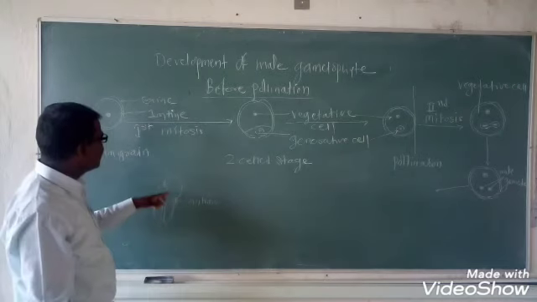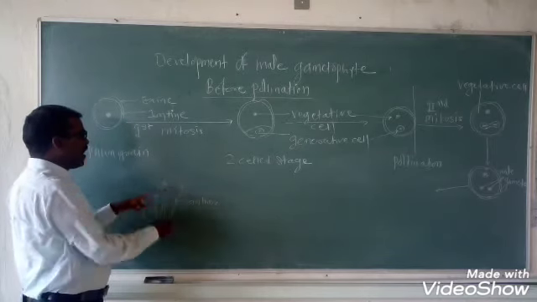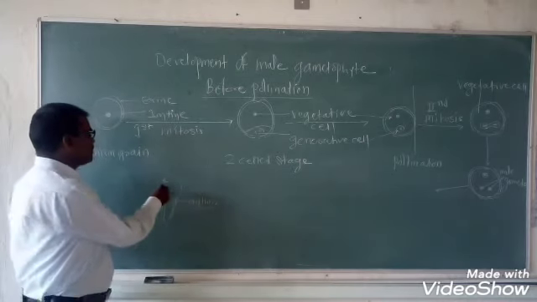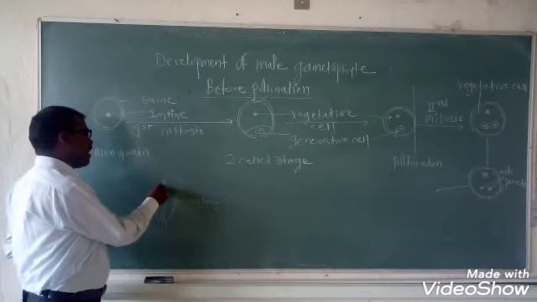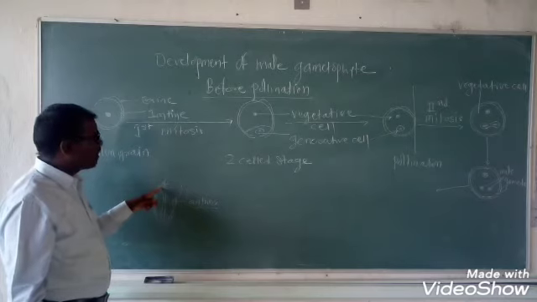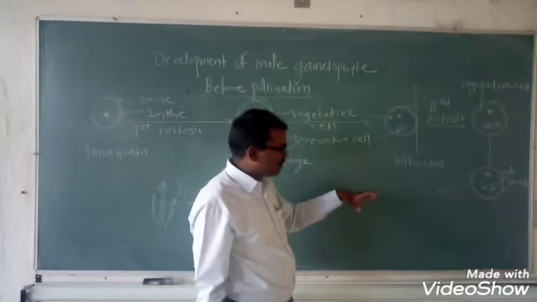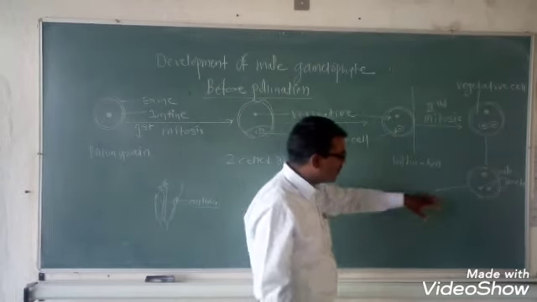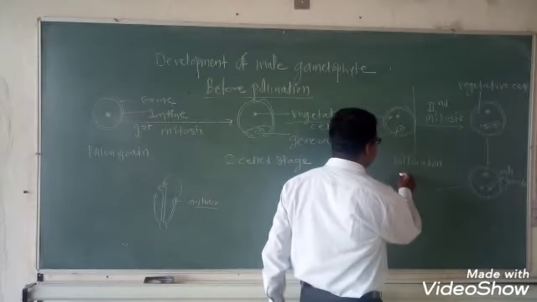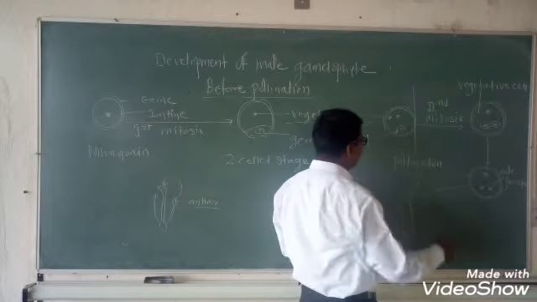Then after pollination, what happens? The pollen grain is transferred from anther to stigma, and at the two-cell stage the pollen grain is deposited on the stigma and absorbs moisture and nutrients, and the pollen grain increases in size and creates pressure inside the cell, and due to that the pollen tube grows outside.